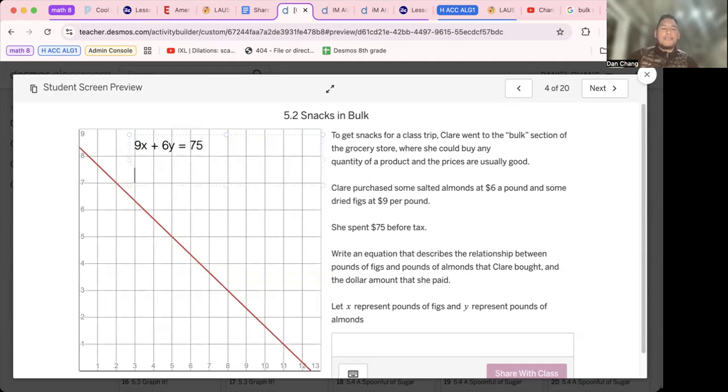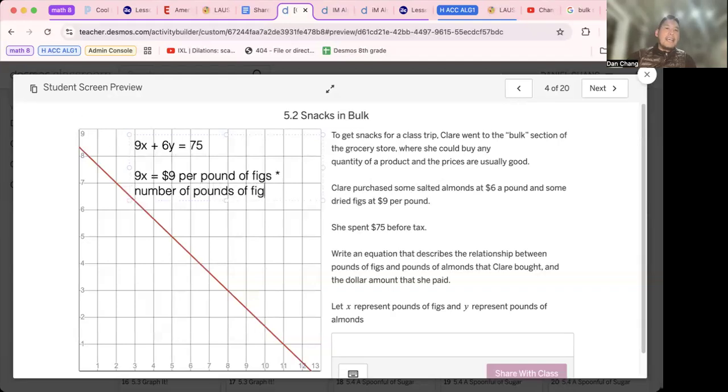And just note, 9x, that is in itself a quantity representing $9, the rate per pound of figs, times the number of figs, or the pounds of figs, the actual number of pounds of figs, right?